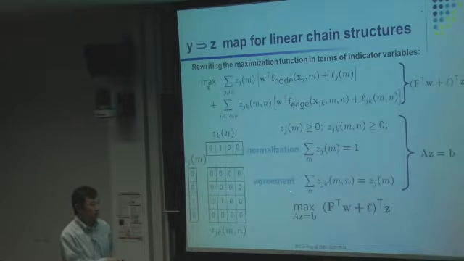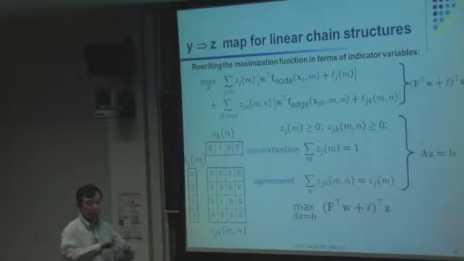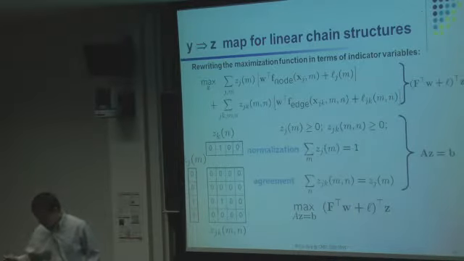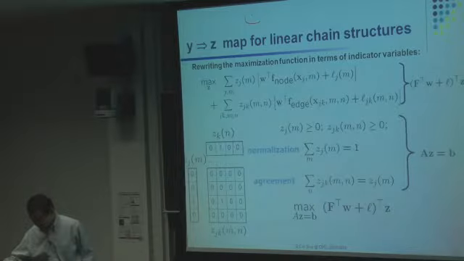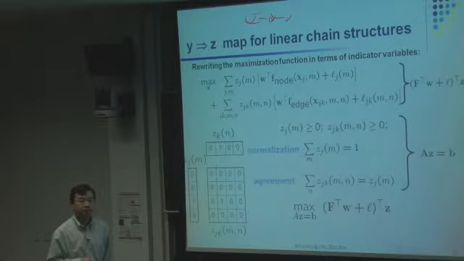And then this is what? This is the adjacency constraint, meaning that if you have a pairwise feature on this particular node, they should have the agreement, right?